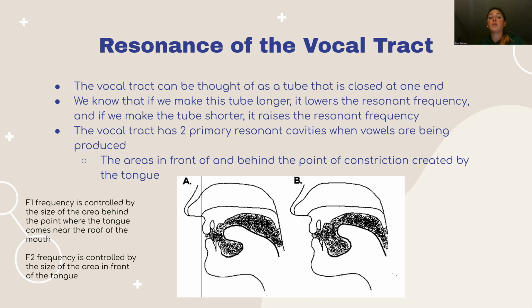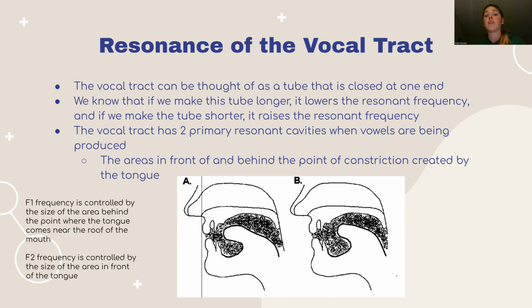Higher frequency sounds will resonate more strongly in a tube that is shorter. When we are producing vowels specifically, talking about formant 1 and formant 2, those formant frequencies that help us distinguish vowels, we talk mostly about two different resonant cavities in our vocal tract. The first resonant cavity is the area from our vocal cords up to the point of constriction of our tongue. This longer area in the back, from the vocal cords to behind the tongue, right up to this point of constriction, is where the first formant frequency of vowels resonates.